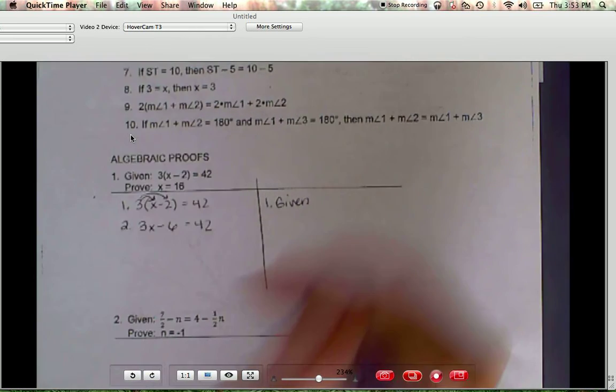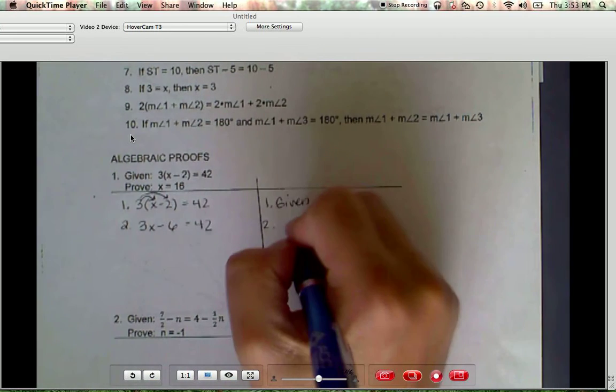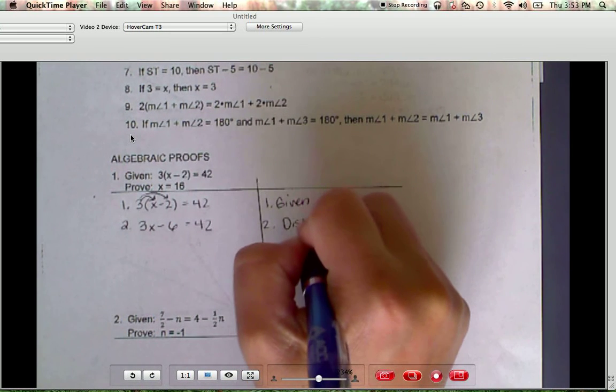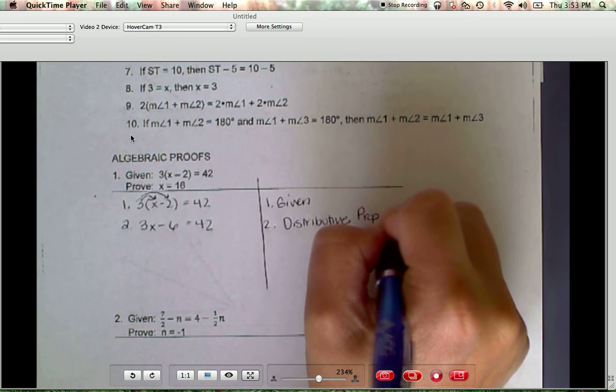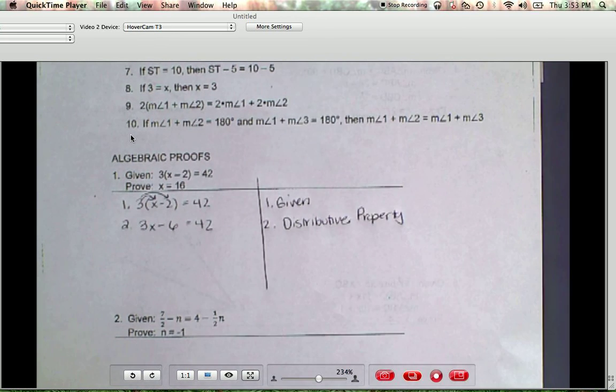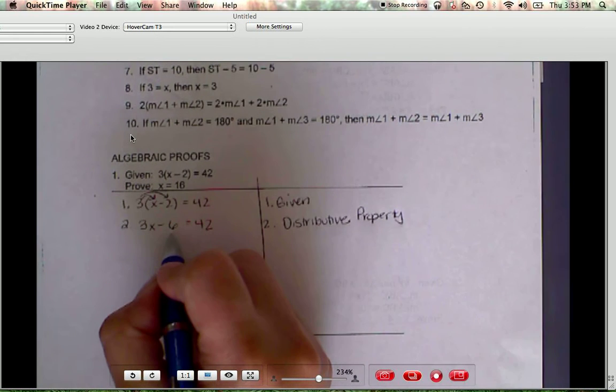So when we distribute that, step 2 then would just be distributive property. Okay. Now, what would you do next to this equation to help you solve it? All right, you would probably add 6 to both sides.